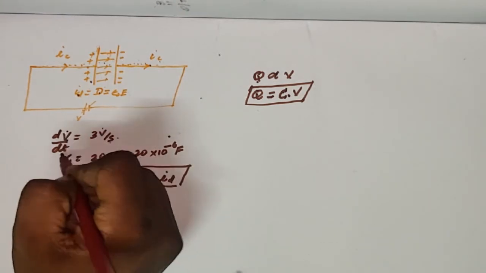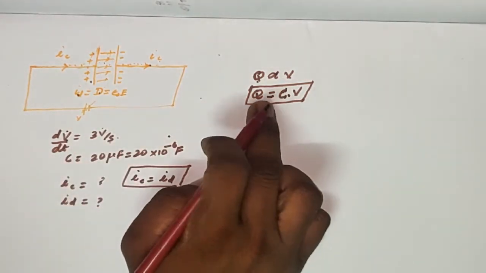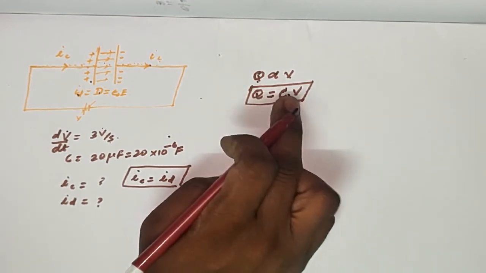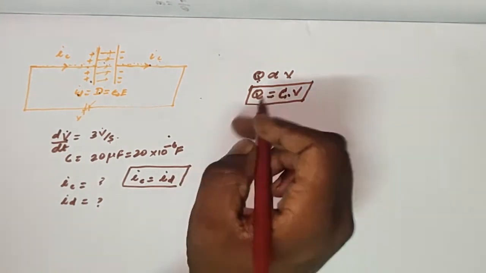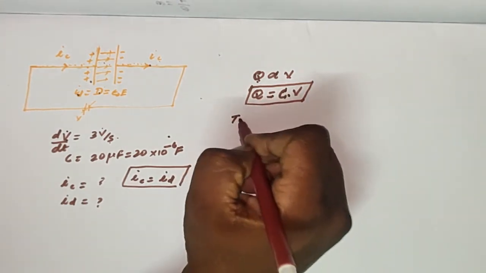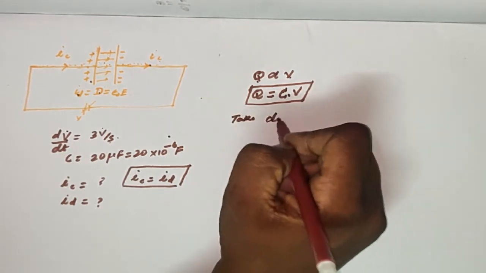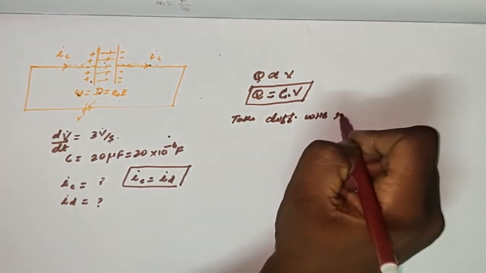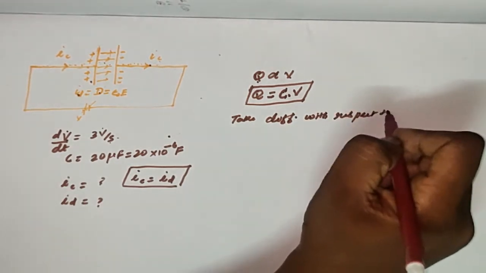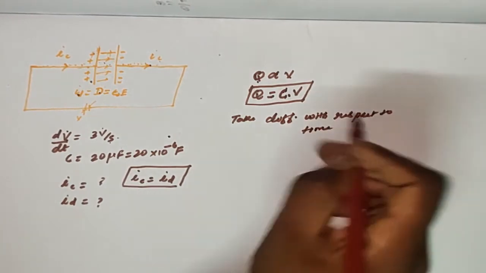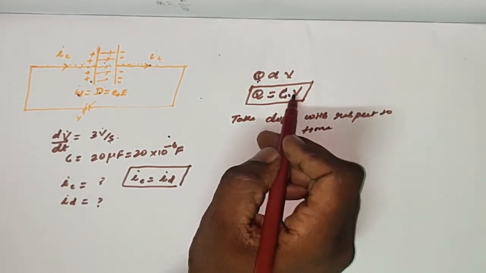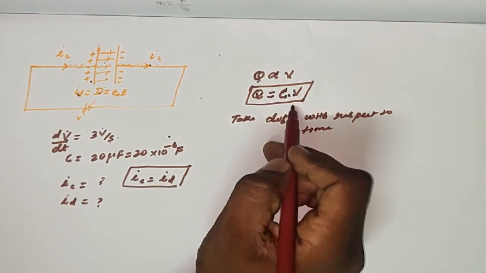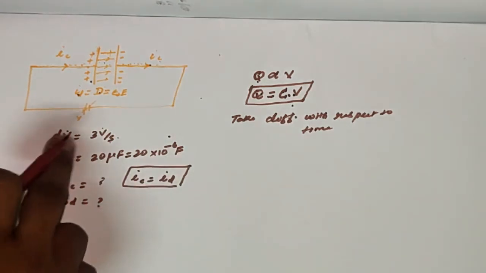So dV by dt is given. If you want to convert this equation in terms of dV by dt, you need to take the derivative on both sides with respect to time. On the left hand side it's dq by dt, which represents the current. On the right hand side, dV by dt represents the voltage change that is given.